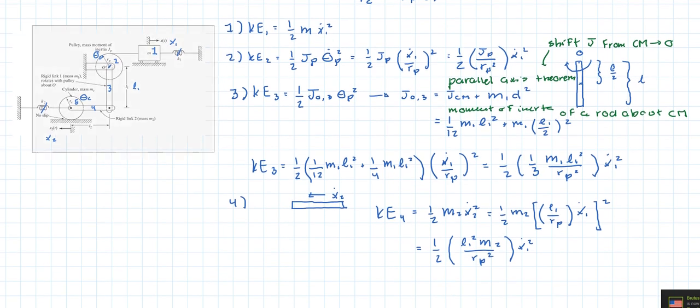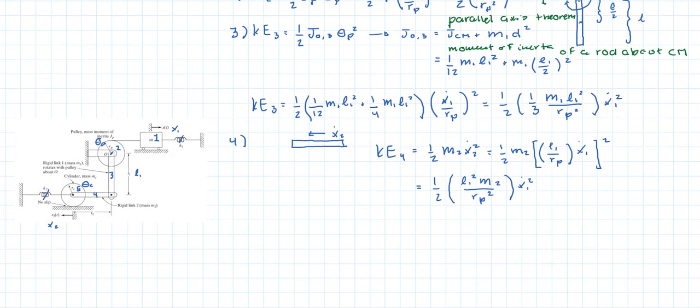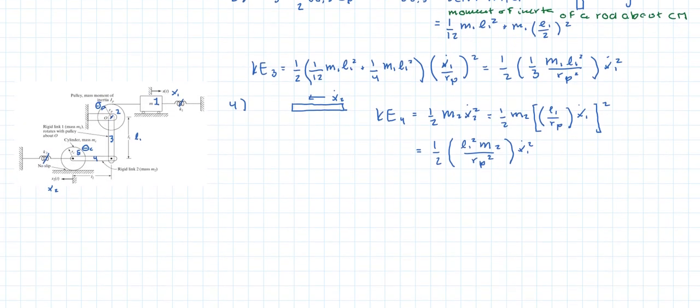Let's bring this guy down again. Okay, so element 5 is the cylinder, and since it's rotating and moving in translation, it has both rotational and translational energy.